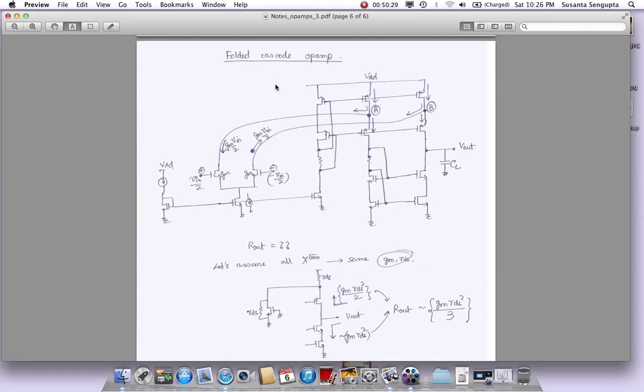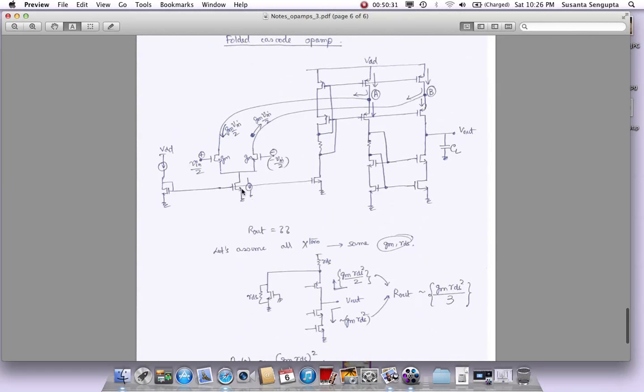So why is this called a folded cascode op-amp? This is the input stage of this op-amp, and this is the output stage. What happens in the input stage is, these are the two input terminals. It still has the same tail current source, and I'm showing an NMOS input stage. You could also have a PMOS input stage. You can flip this whole thing upside down. But we are converting from voltage to current here.